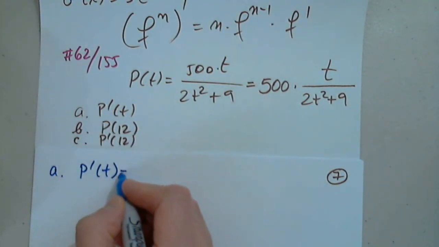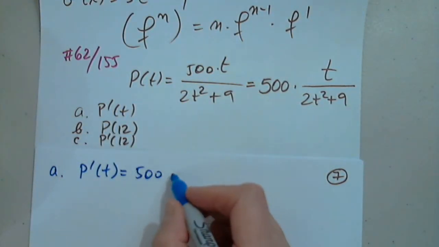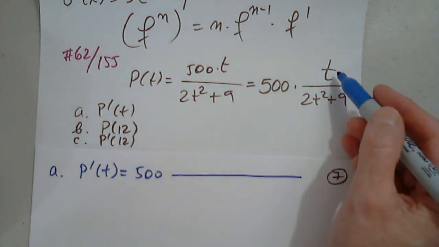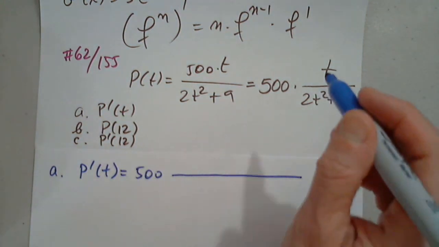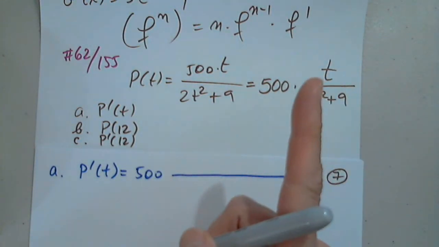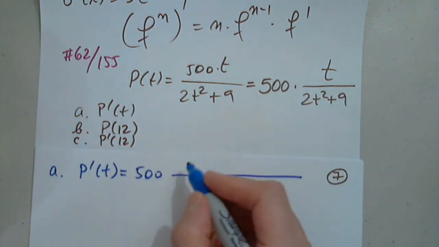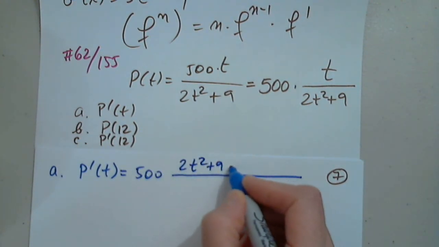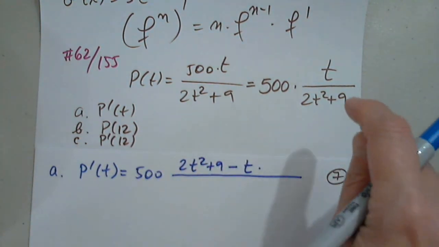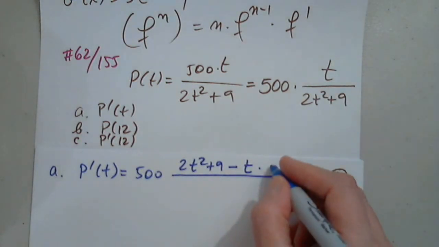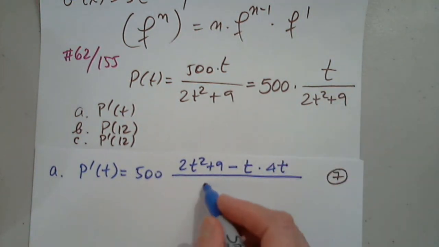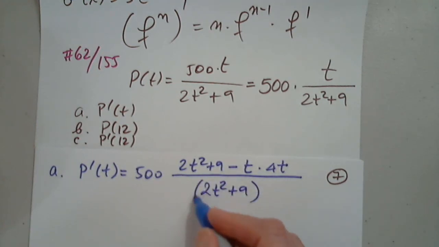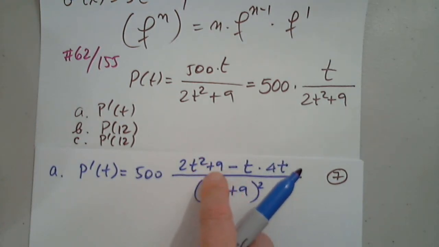Okay, so now I will differentiate for part A. So P prime of t, 500 stays outside, and I need to use the quotient rule because it's function 1 over function 2. Function 1 prime is 1. t prime is 1. So then I multiply by the denominator, minus t times the denominator prime, which is 4t, over the denominator squared, 2t squared plus 9 squared. Do not attempt to simplify anything, please.